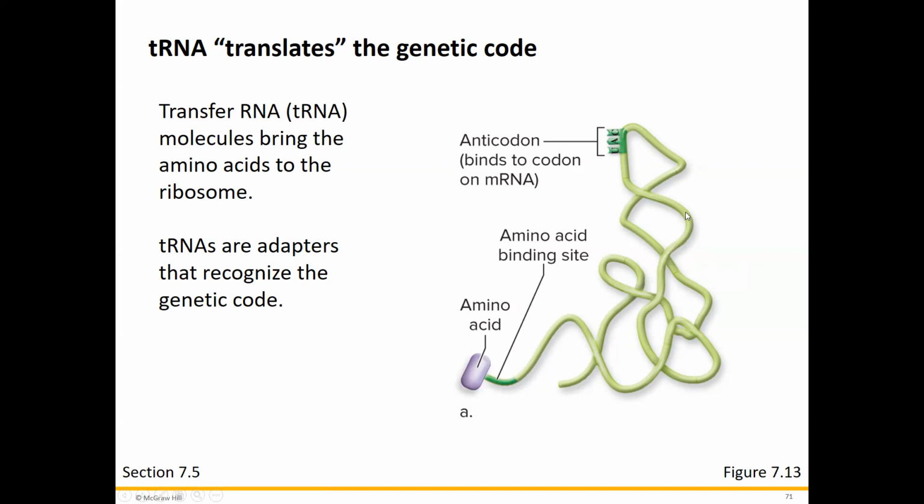Everything's available to this molecule, and the transfer RNA anticodon is what recognizes the codon on the messenger RNA, so that we're sure the amino acid it's bringing is the appropriate amino acid. We know that it is because of the sequence of the anticodon.